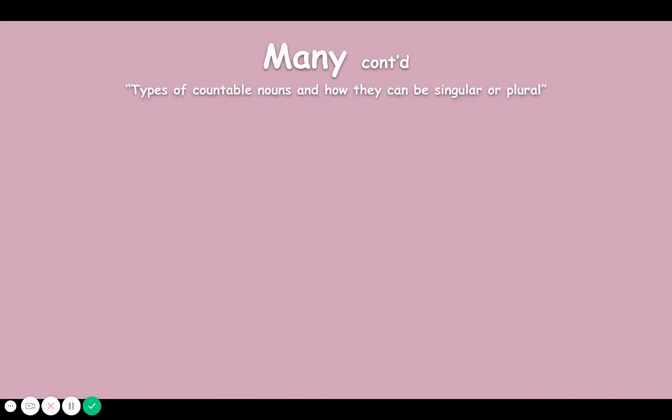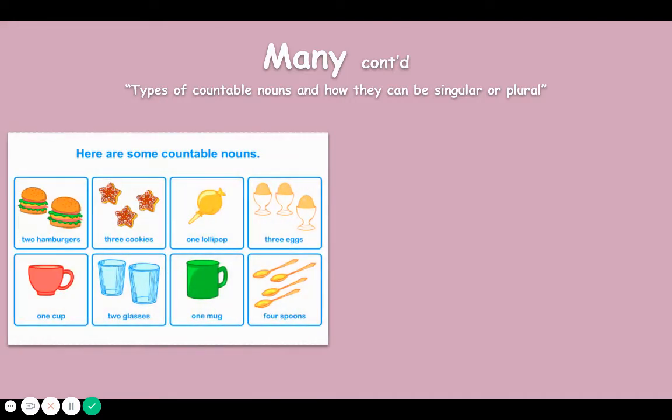Okay, types of countable nouns and how they can be singular or plural. Here are some countable nouns. We have 2 hamburgers, 3 cookies, 1 lollipop, 3 eggs, 1 cup, 2 glasses, 1 mug, 4 spoons.